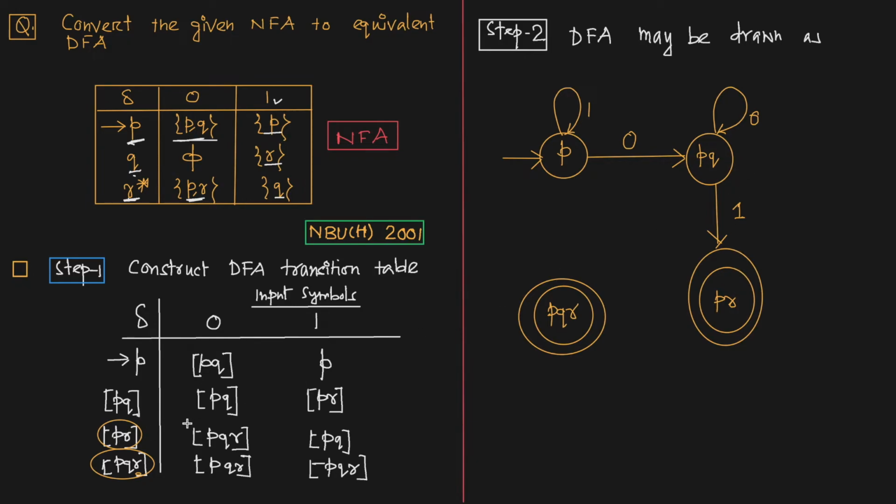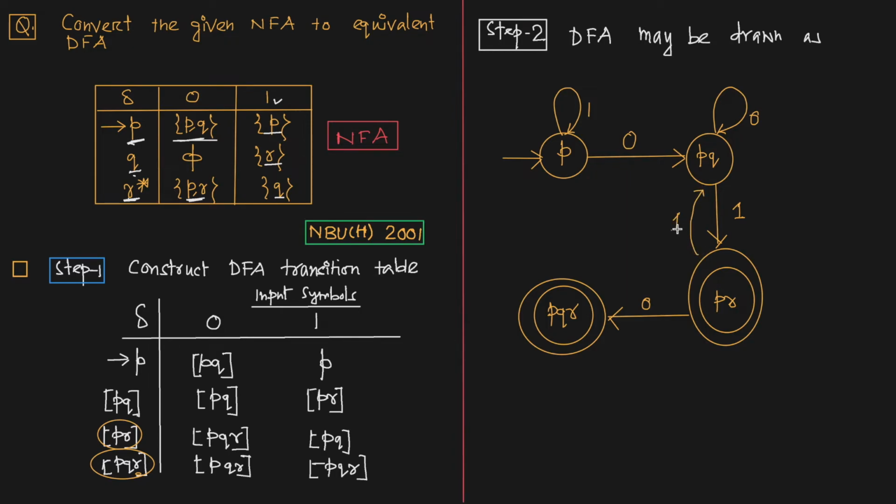Next PR. PR on 0 goes to PQR. Next, PR on 1 goes to PQ.